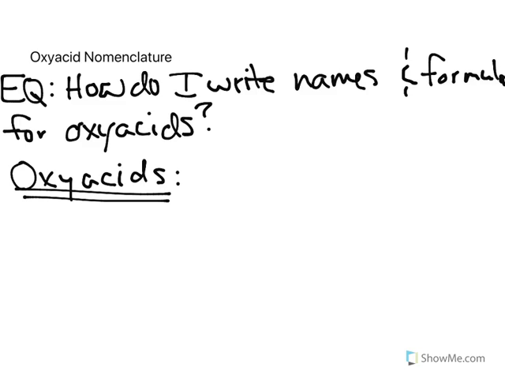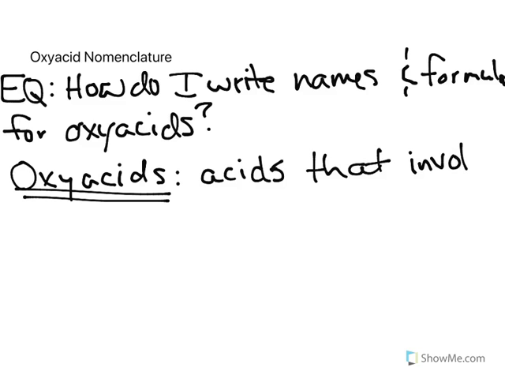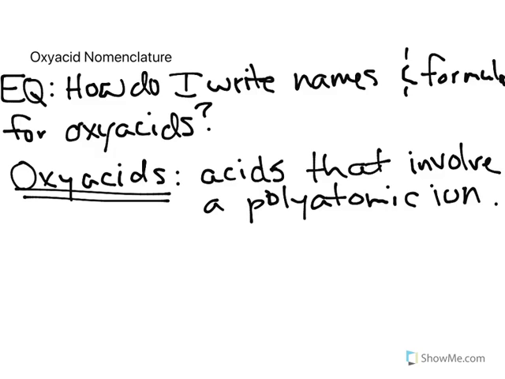So oxyacids are acids that involve a polyatomic ion. You're going to need your pink chart for this because we need to reference it for the polyatomic ions. Now again, oxyacids should always start with hydrogen.